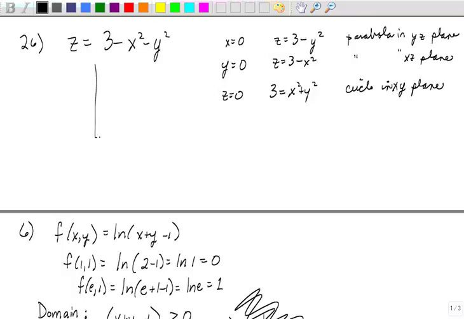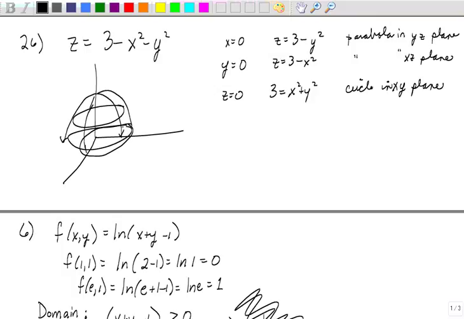Okay, so we have an upside down parabola, and we have an upside down parabola, and we have a circle. So it's a paraboloid.